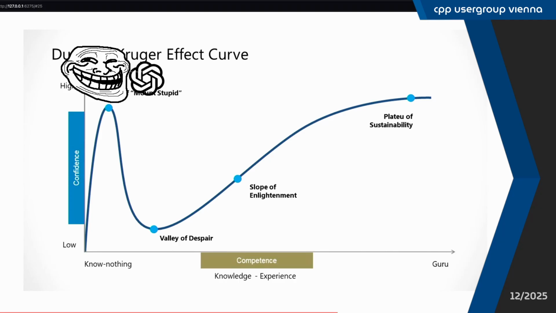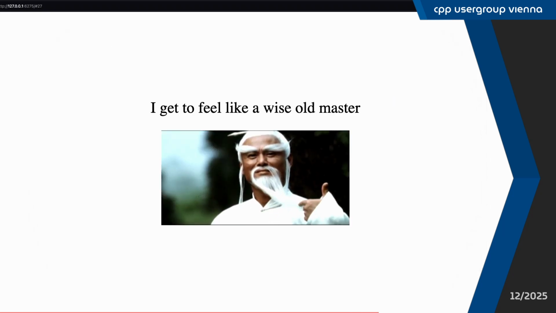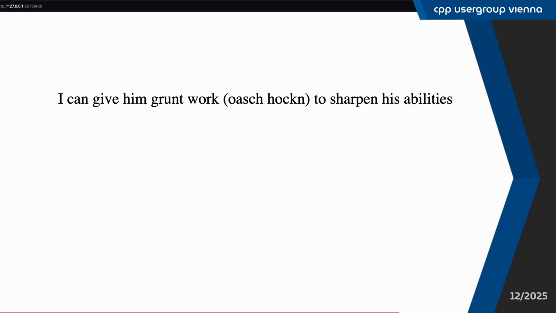But all of us are somewhere along the slope of enlightenment, I hope at least. And the cool thing is, when you have someone who is just a little bit further down below, then you seem like the master. So I get to feel like a wise old master, which is super cool. It's actually very rewarding.